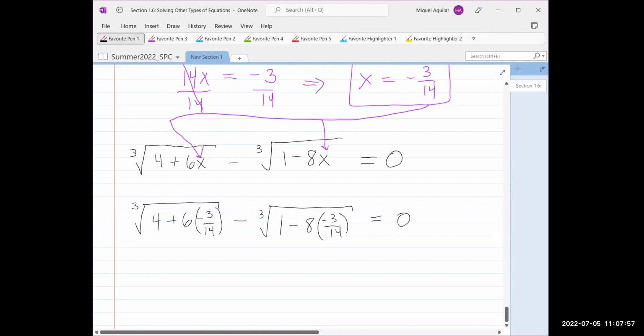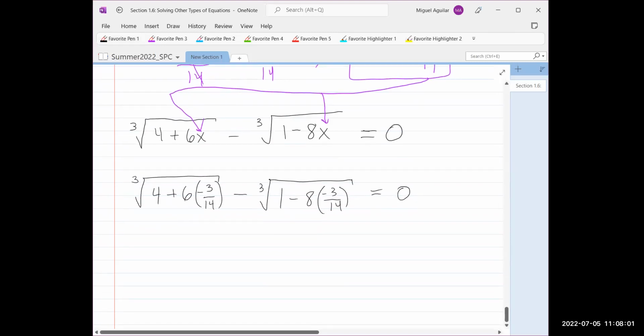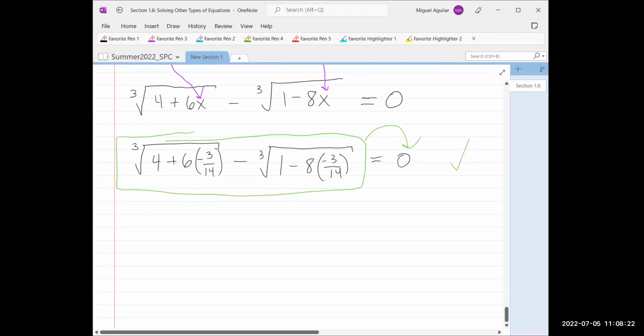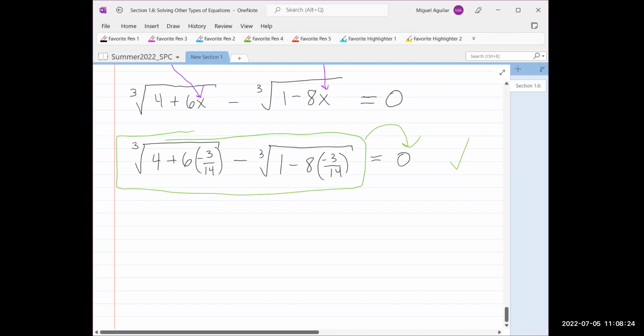Essentially, if I take this radical and plug in that negative 3 over 14 for the variable, then subtract it from this other radical that has negative 3 over 14 plugged in, and you type this in exactly the way you've written it into the calculator, if you get 0, then that's going to check out. But because I don't have a calculator on hand, I can't show you on the document camera right now.